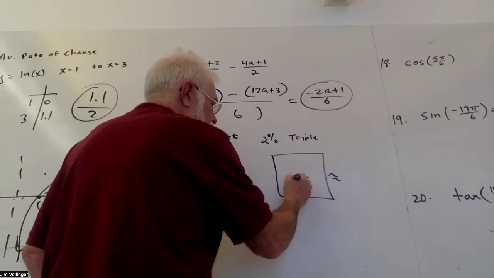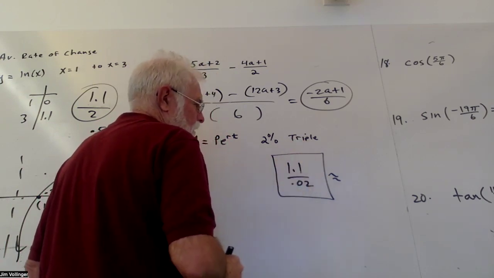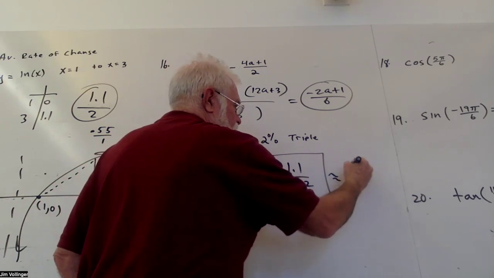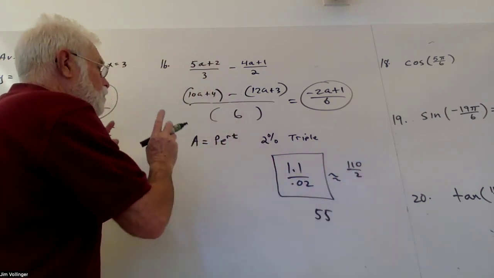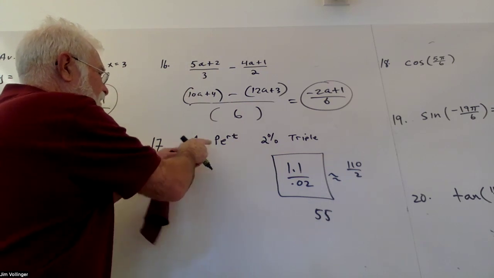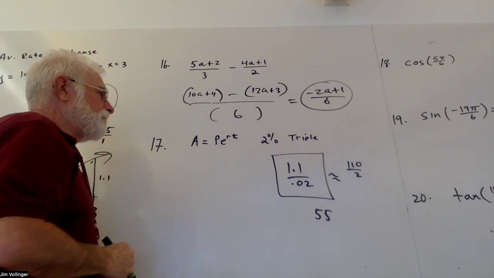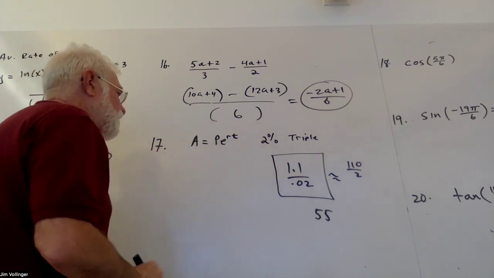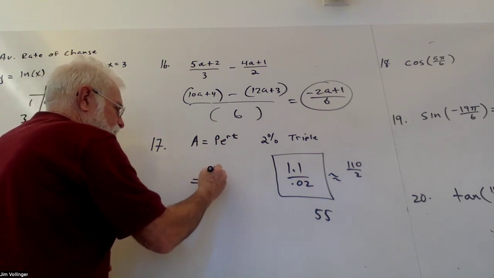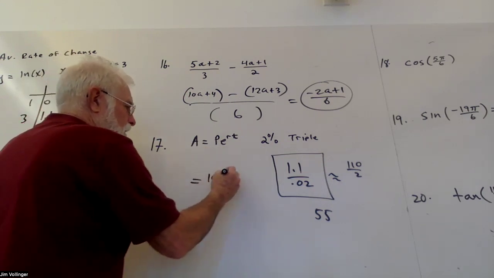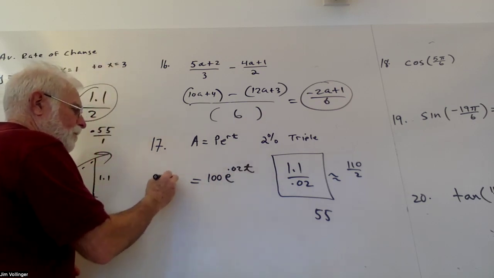2%, 0.02, triple, 1.1. So that looks like it's 110 divided by 2. It looks like it's going to take 55 years for you to get your investment, which is compounding continuously, to triple at 2%. So let's pretend you put $100 into the bank savings account, e to the 0.02t, and you want to get that to triple.